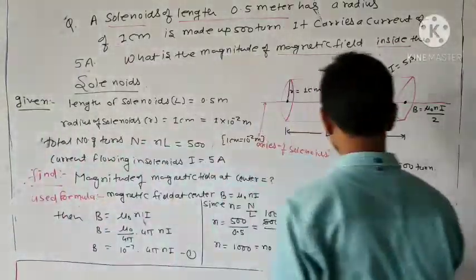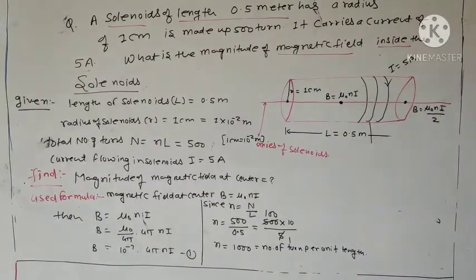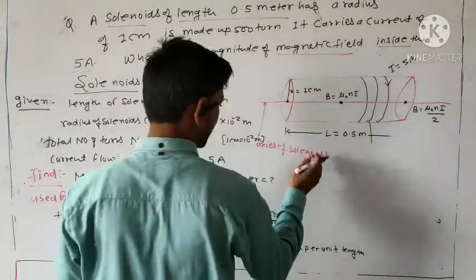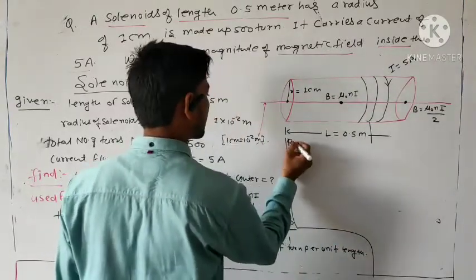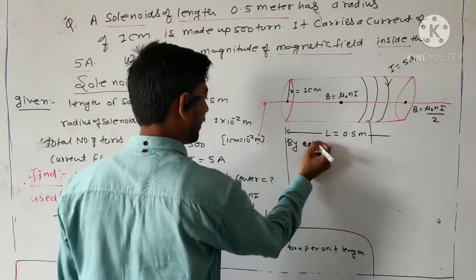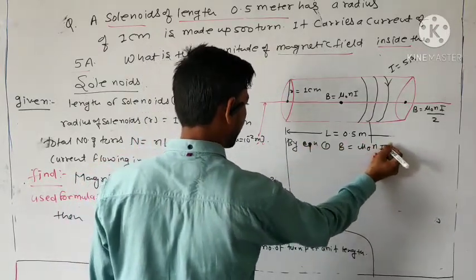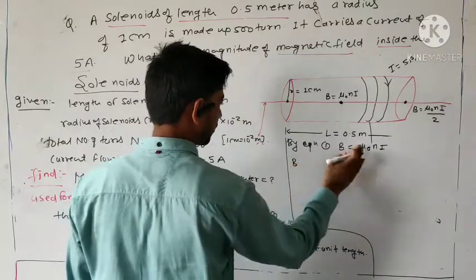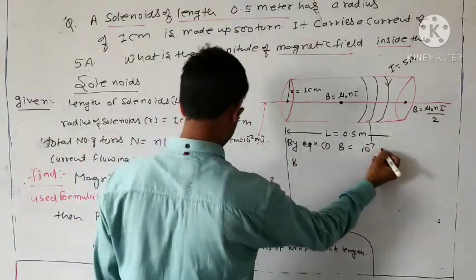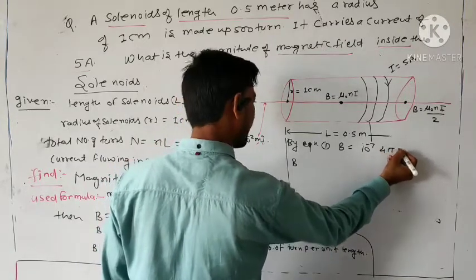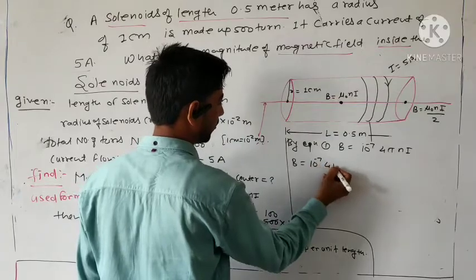Now put these values in equation number first. B is equal to mu 0 n I, which from equation number first is 10 to the power minus 7 into 4 pi n I. So B is equal to 10 to the power minus 7 into 4 pi.